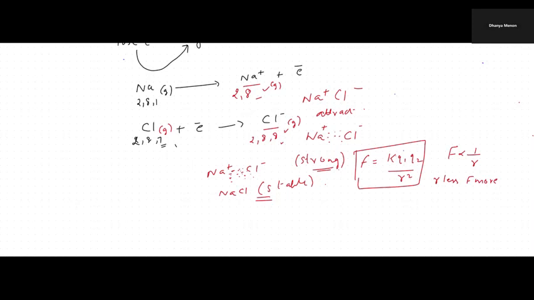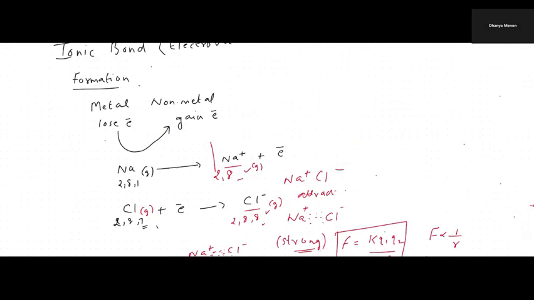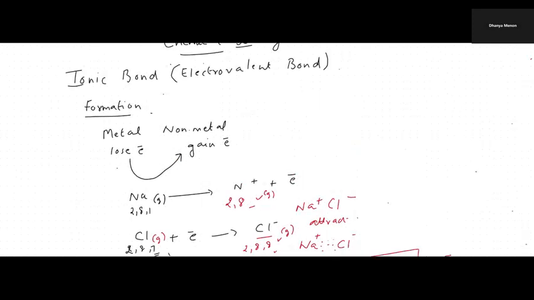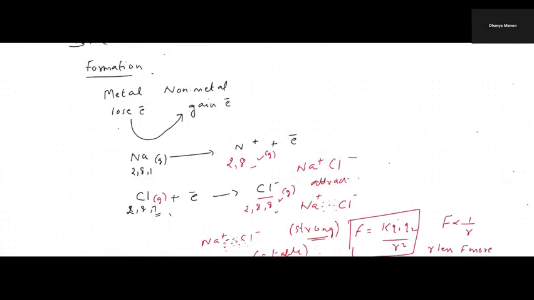So this was our formation of ionic bonding. We have the metal atom, non-metal atom, complete transfer of electron from the metal to the non-metal to become stable.